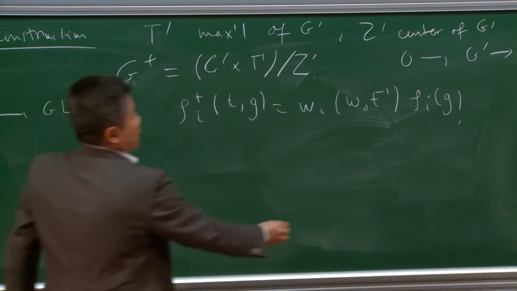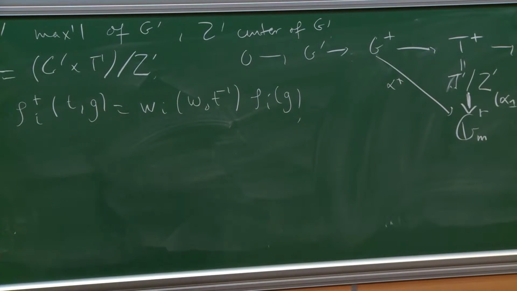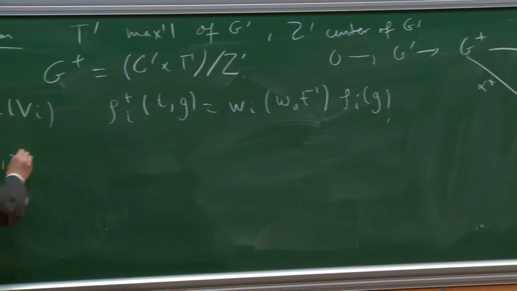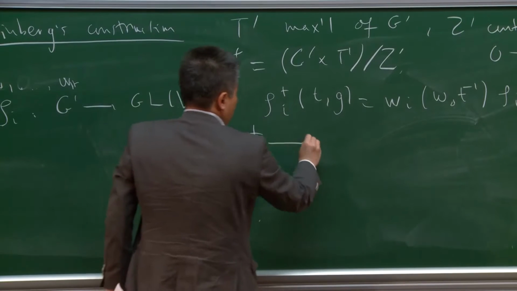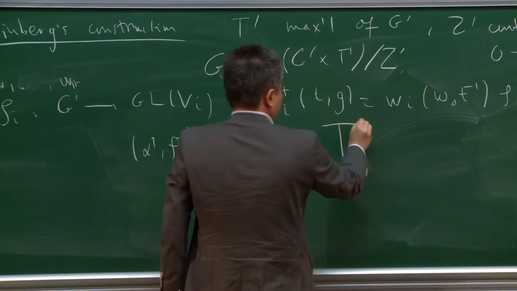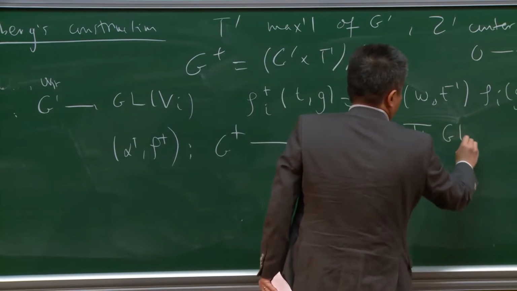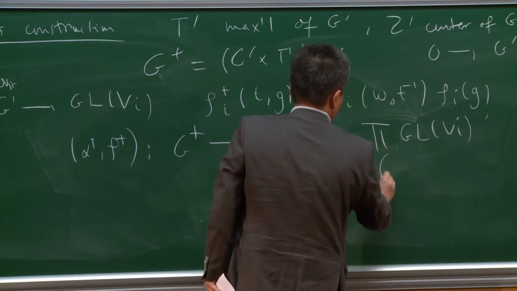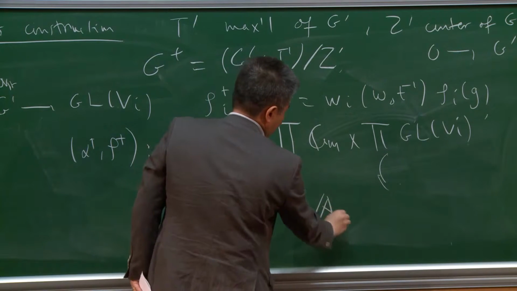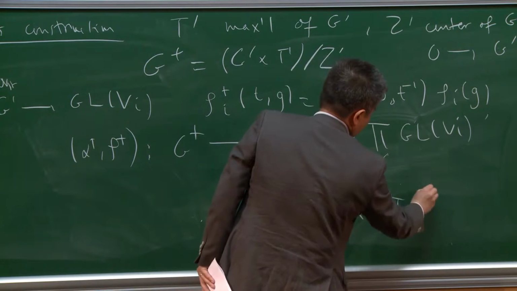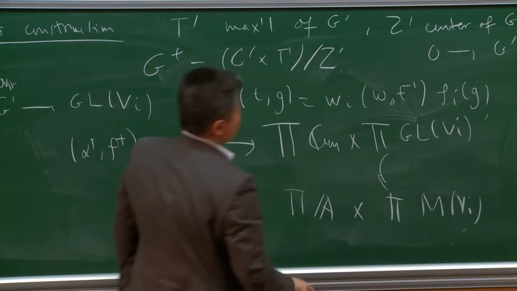So let's call this alpha plus, and this is rho plus, and then you have this alpha plus, rho plus from G plus to the product of G_m and the product of GL(V_i), which can obviously be embedded into this obvious monoid of matrices.